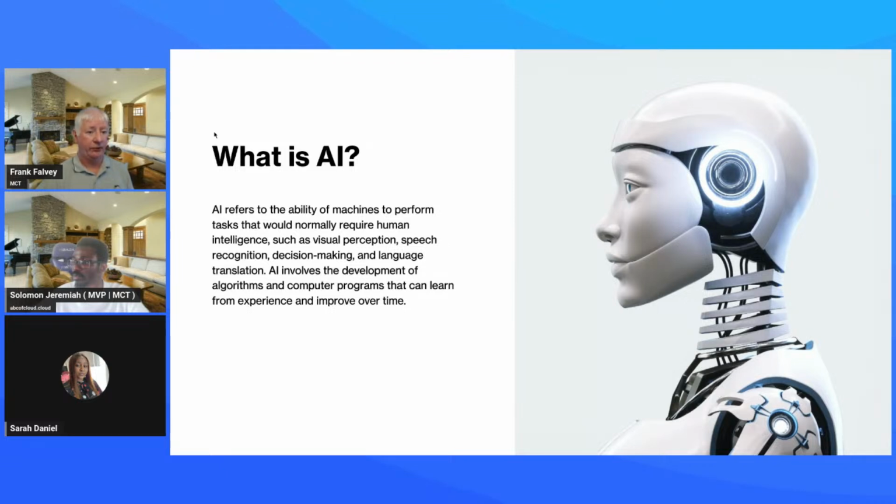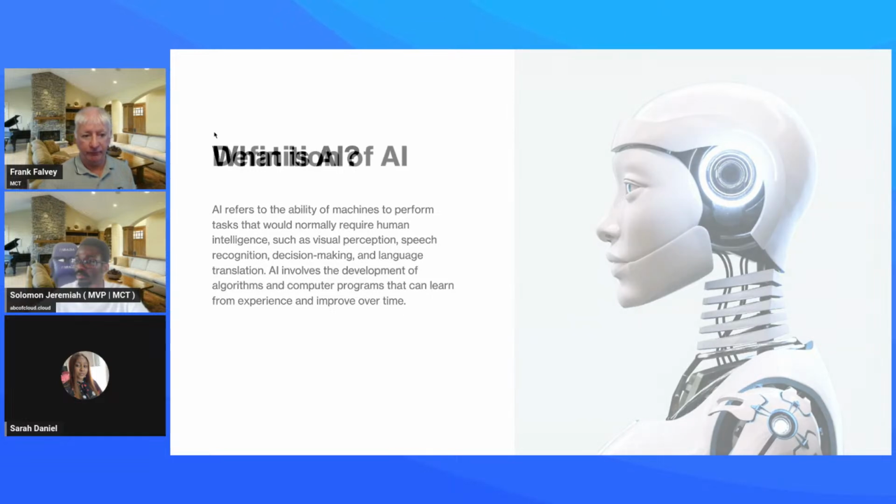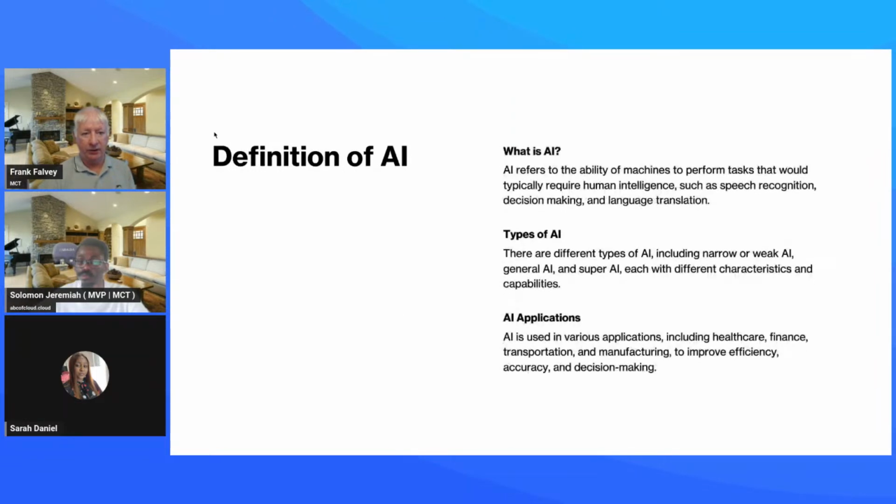So AI refers to the ability of machines to perform tasks that would normally require human intelligence, such as visual perception, speech recognition, decision making, and language translation. AI involves the development of algorithms and computer programs that can learn from experience and improve over time. So that is exactly what I went through earlier. So it's perfect.